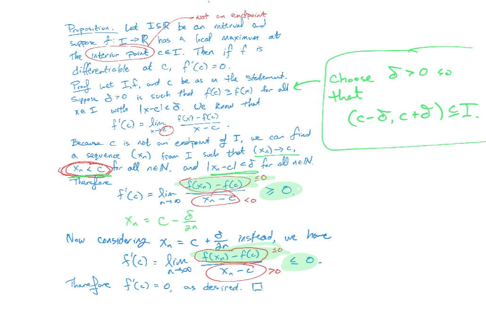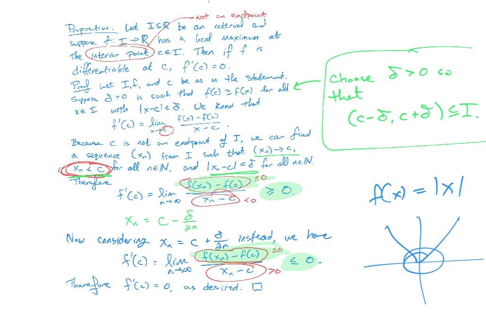So obviously you could have f of x equals absolute value x, and so we have a relative or local min at 0, but we don't have a 0 derivative there because we don't have a derivative there. Okay. Good.